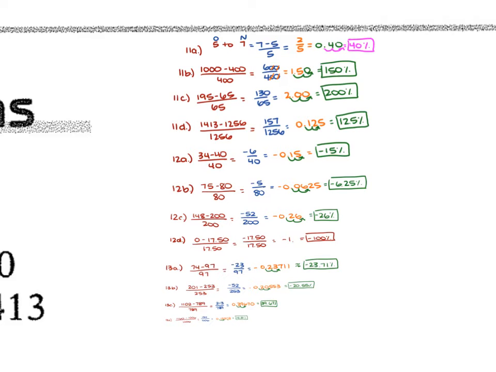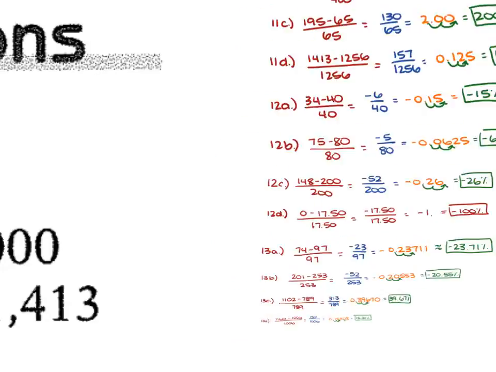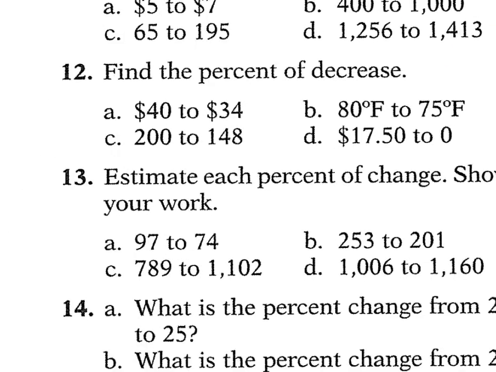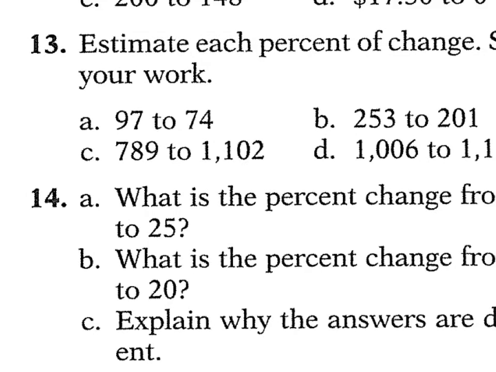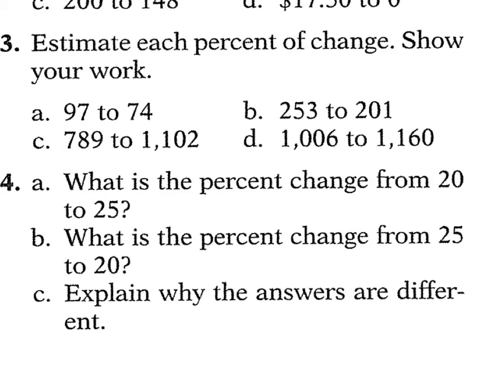For 14, it says, for A, what is the percent change from 20 to 25? So, looking at 14A, 20 to 25, we are going to do our original of 20, our new of 25, so it's 25 minus 20 over 20, so that's 5 over 20, which is the same thing as 1/4, which is 25%.